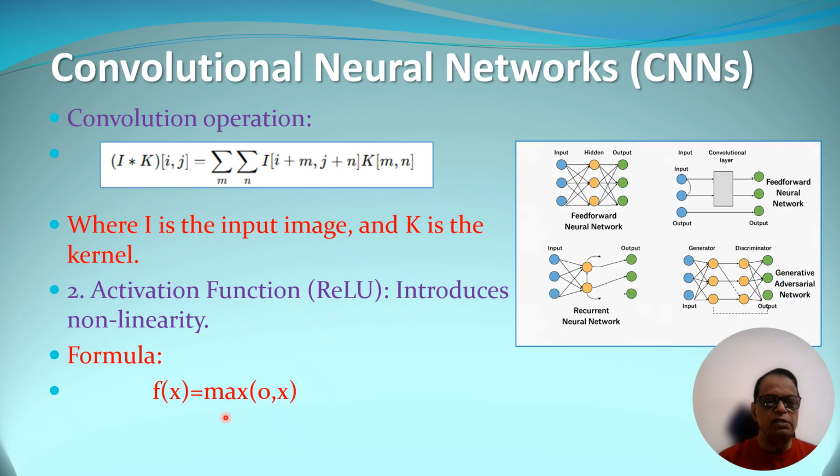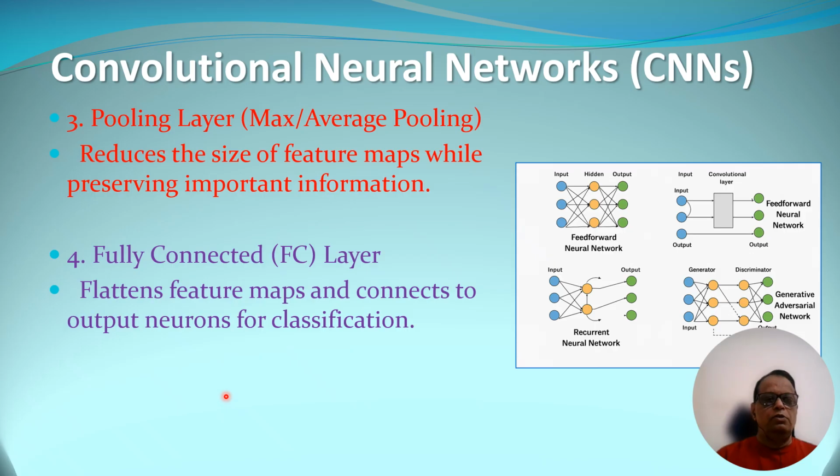So f(x) is equal to max(0, x). As I said, the pooling layer will reduce the size, keeping the important input information, and then finally the feature map is connected to the output neuron for the classification.